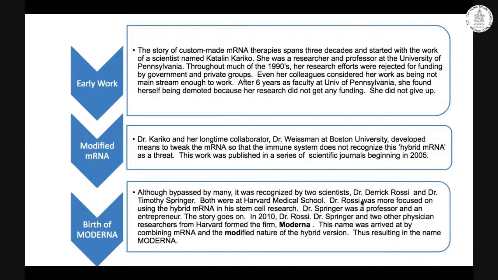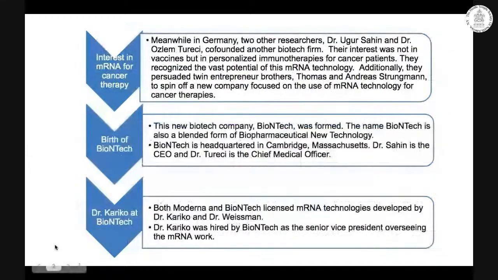In 2010, Dr. Rossi, Dr. Springer, and 2 other physicians, researchers from Harvard formed the firm Moderna. This name was arrived at by combining the mRNA and the modified nature of the hybrid version, thus resulting in the name Moderna.